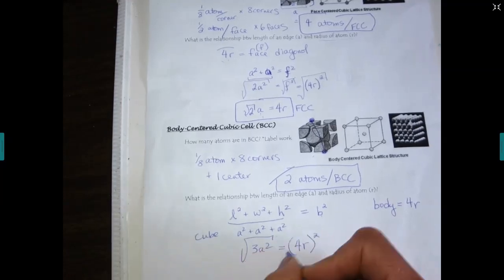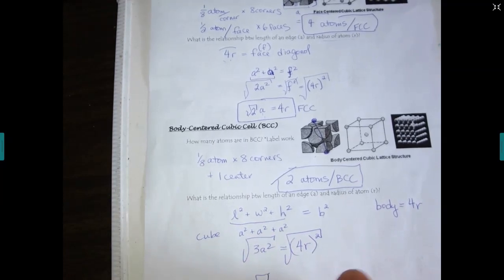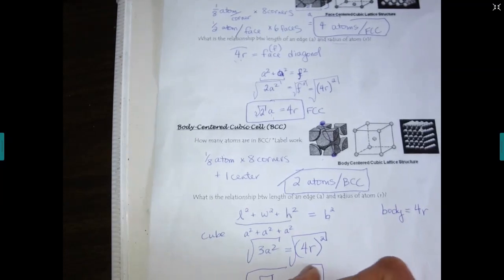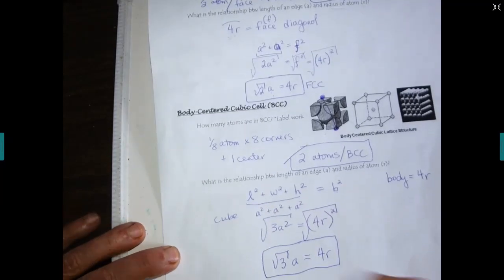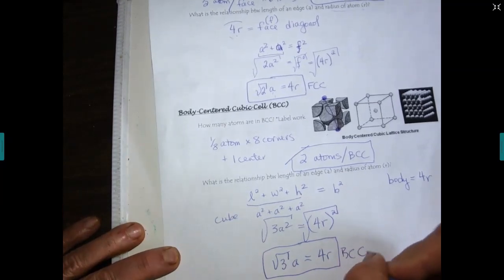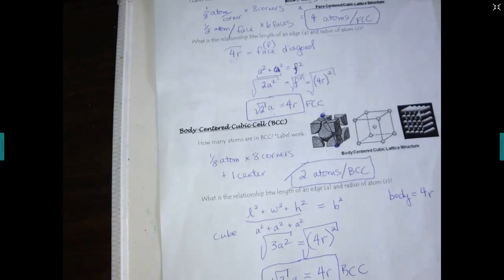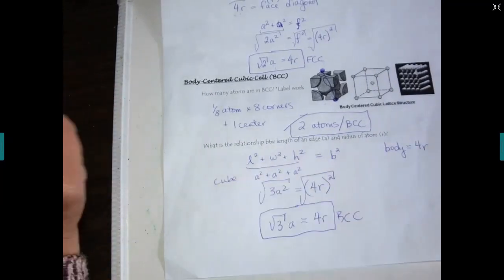We square root both sides. Just rewind me. We get the square root of 3 times a equals 4r. It's probably good that I'm not doing this in front of people, because there are always lots of questions. This is the take-home message for BCC.